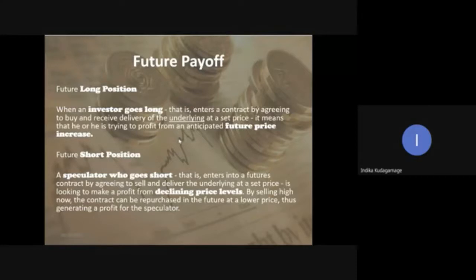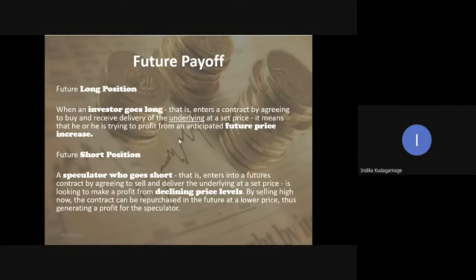When the investor goes long, that is, enters a contract by agreeing to buy and receive delivery of the underlying asset at a set price, it means that he or she is trying to profit from the anticipated future price increase. See, you go to the treasury and say, I want to buy US dollars. I want to buy 10,000 US dollars after 90 days.